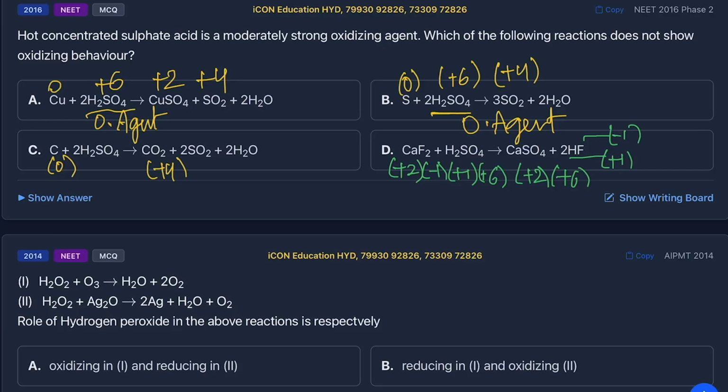Here there is no change in oxidation state.